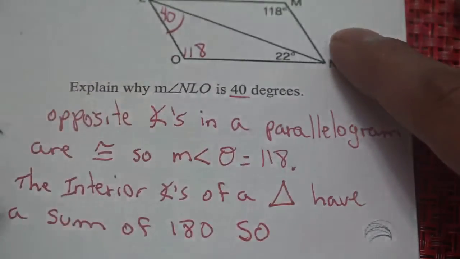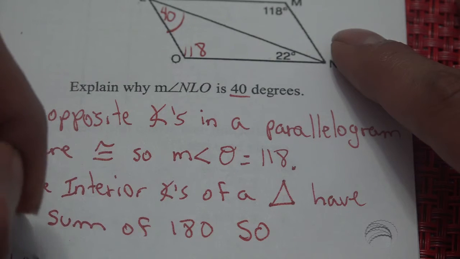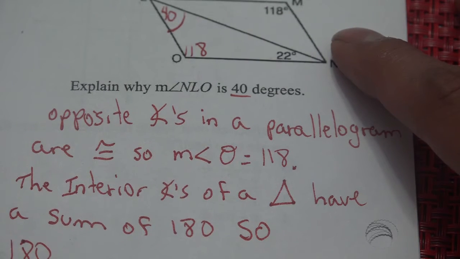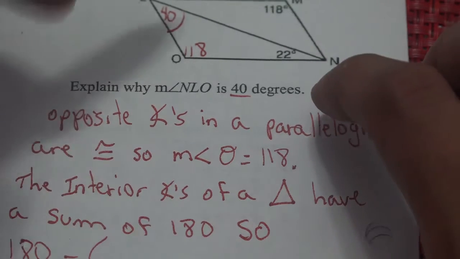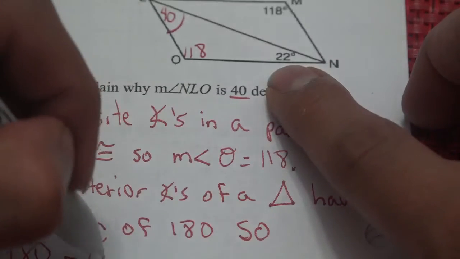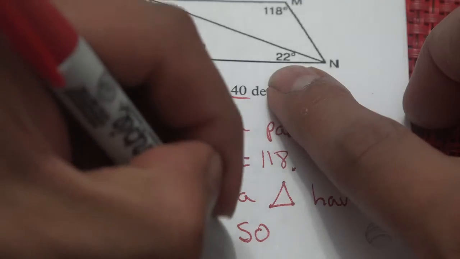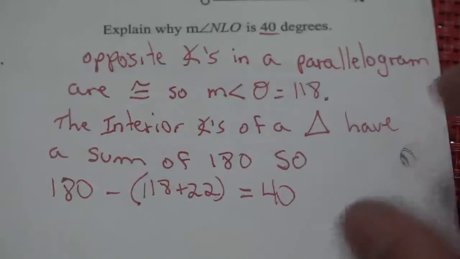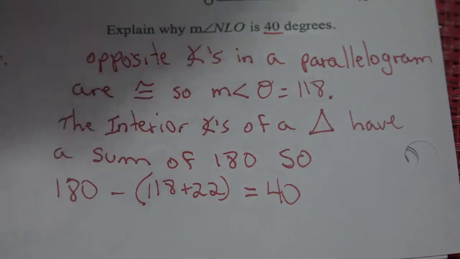So, or therefore, the interior angles, you know, is 180 minus the sum of these two angles is 40 degrees. But you see, you have to write the whole explanation. Okay, let's move on.